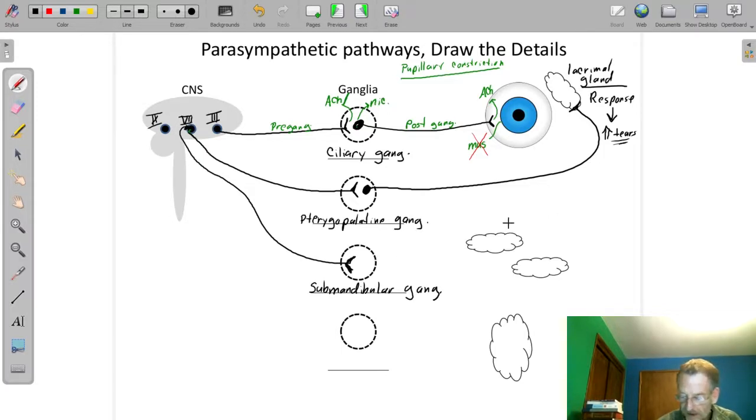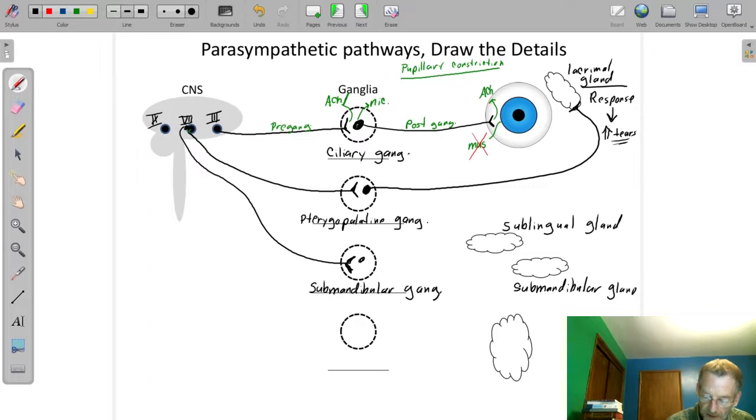And let's make this the sublingual gland, salivary gland. And let's make this one the submandibular. And we have to put in a second pathway, a second neuron, so let's do something like this. And we'll hook another one up.